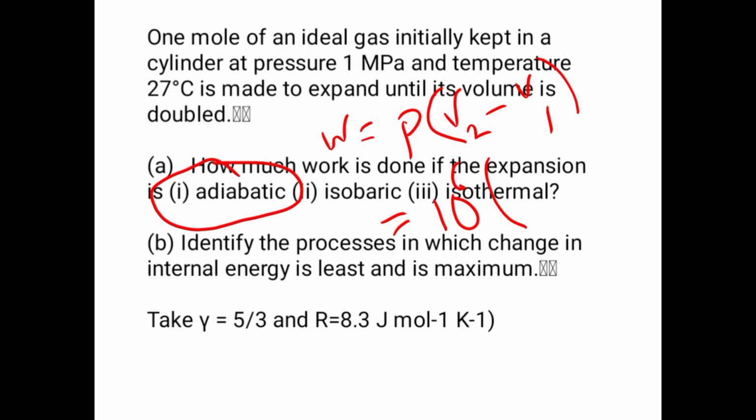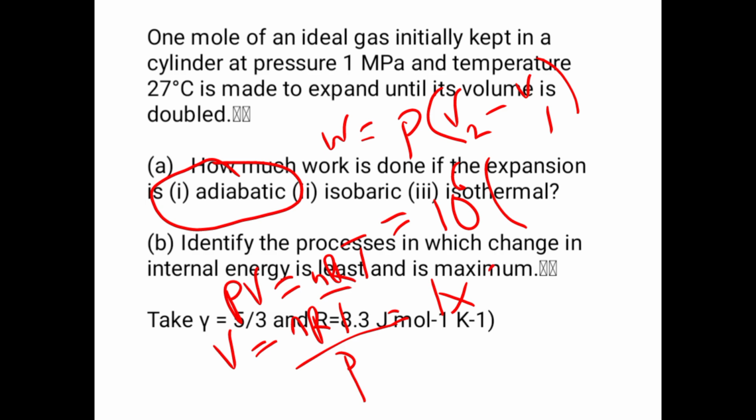We are not given the volume, but we can find the volume knowing that PV is equal to nRT. So V will be nRT divided by P. The number of moles is 1. The gas constant is 8.314.